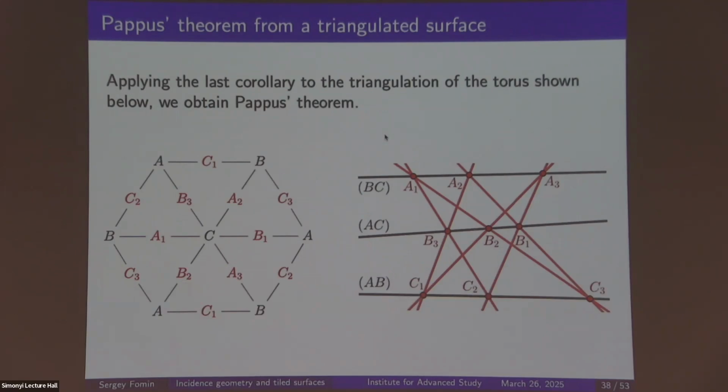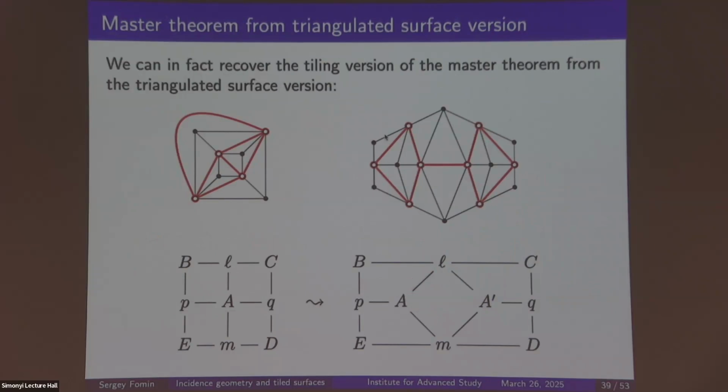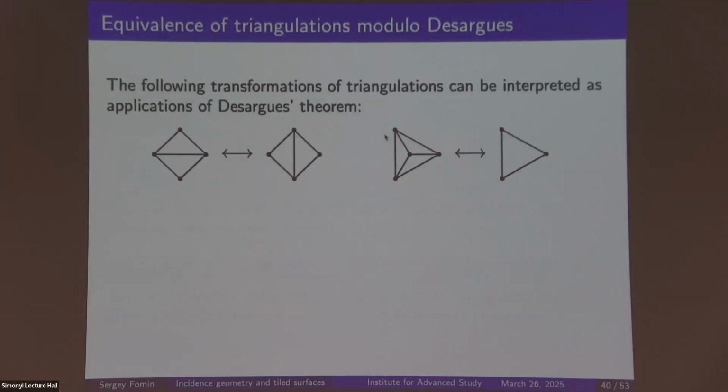And when you take this triangulation of a torus, so a hexagon triangulated into 6 triangles, and then opposite sides glued, then you will get Pappus. And in fact, there is a trick which I don't have time to explain that allows us to go backwards. We can recover the quadrilateral tiling version from the triangulated tiling. Okay, let me skip the details.